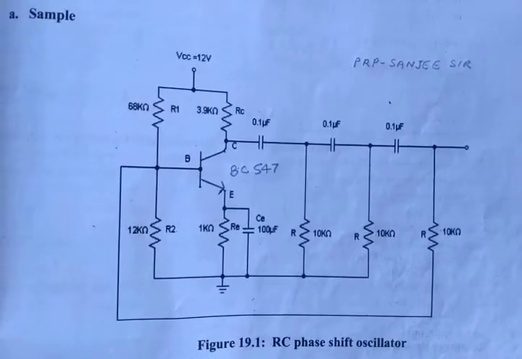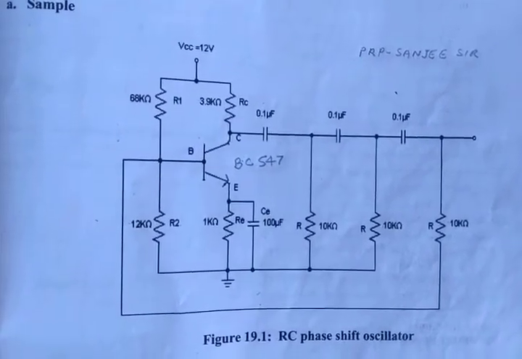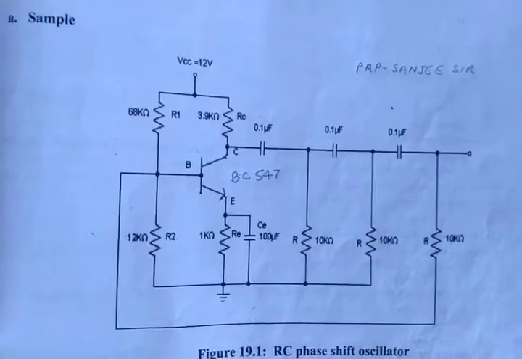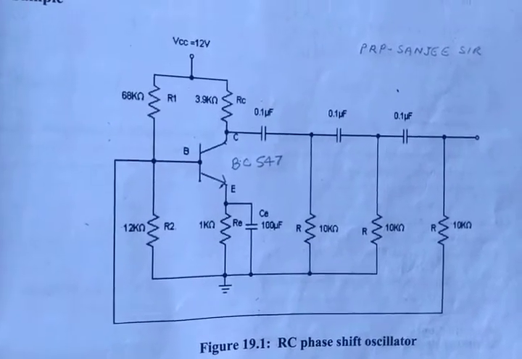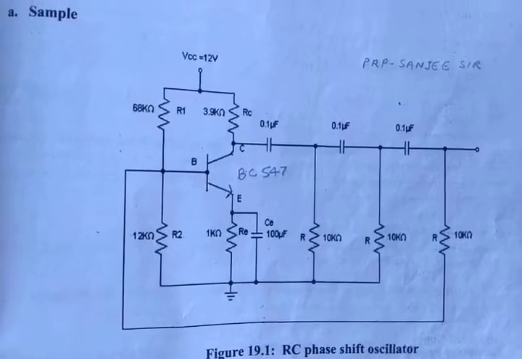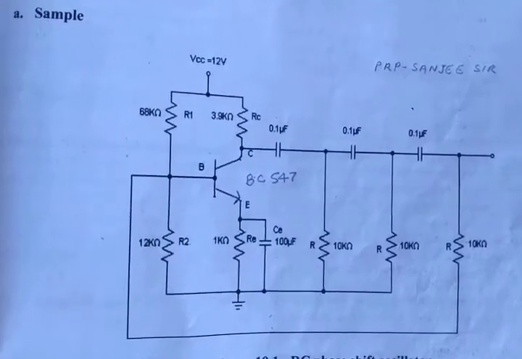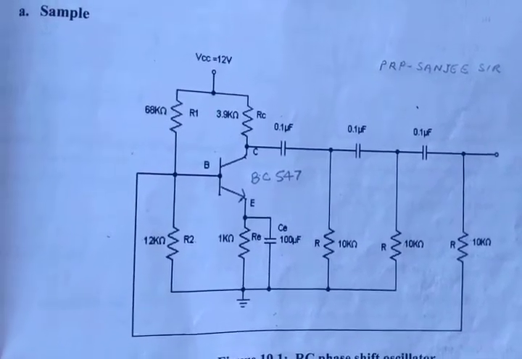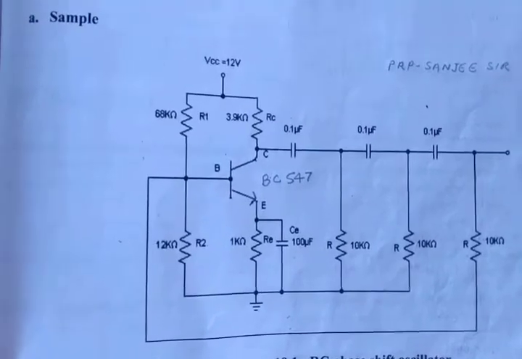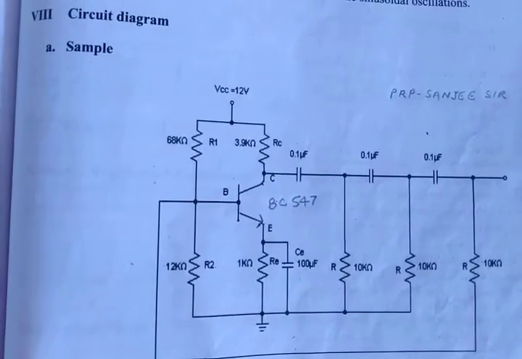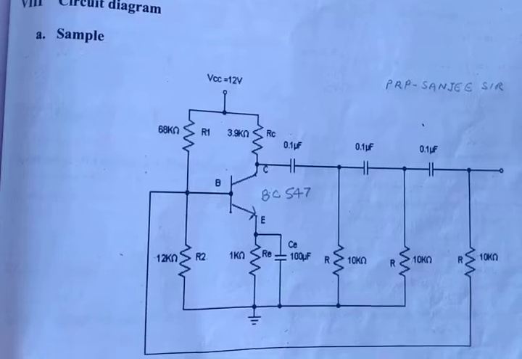So this is the practical of RC phase shift oscillator to generate a sine wave using a CE amplifier and the RC feedback network. Three sections of RC feedback network have been used. It is a linear electronic circuit that produces a sine wave output.